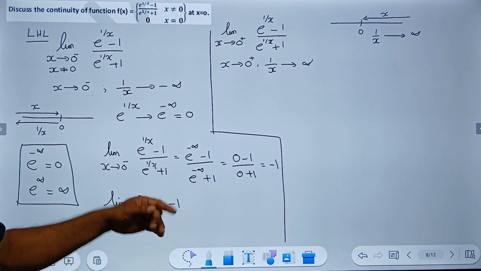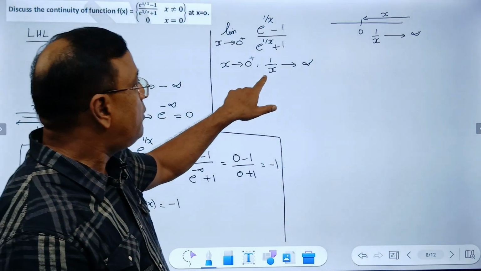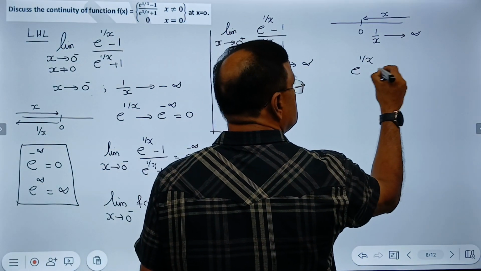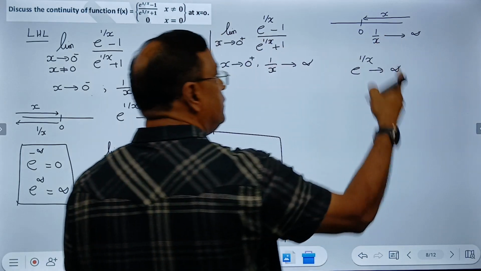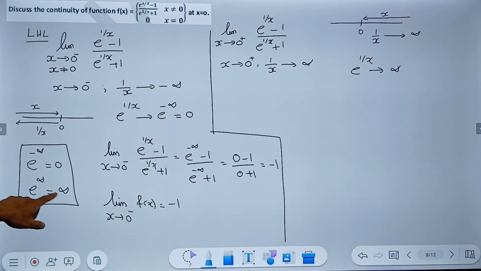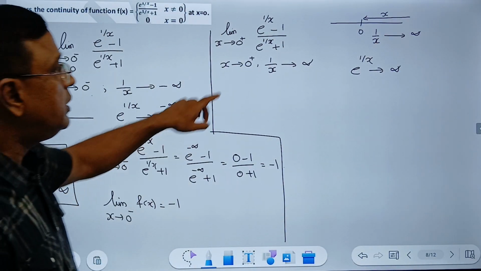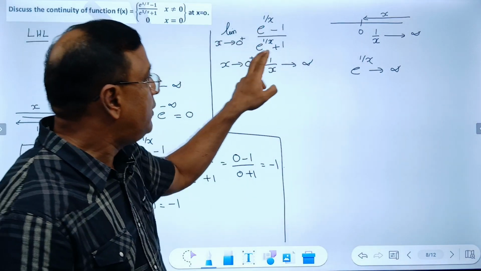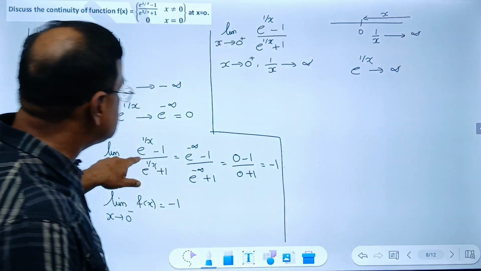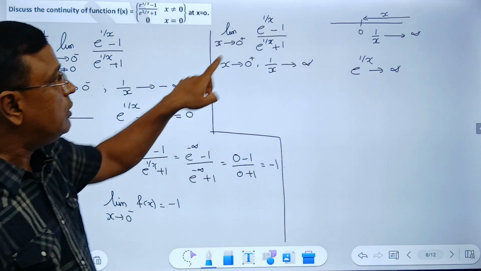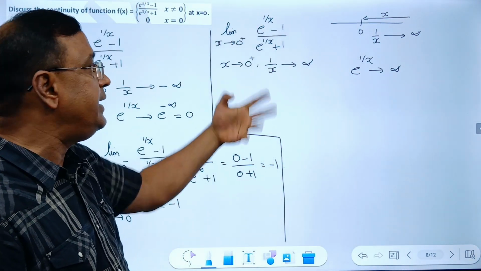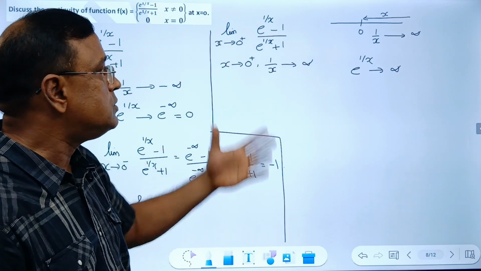So, when 1 by x approaches infinity, e power 1 by x will approach infinity, because e power infinity is infinity. So you get infinity by infinity, which is an indeterminate form. If I do direct substitution, it will be e power infinity by e power infinity, which is infinity by infinity, an indeterminate form. So that is not the right thing to do.